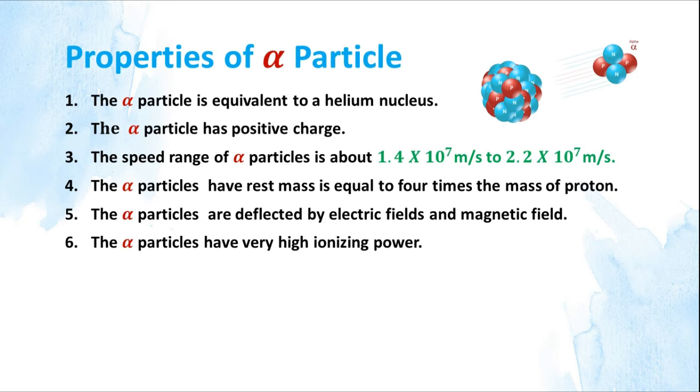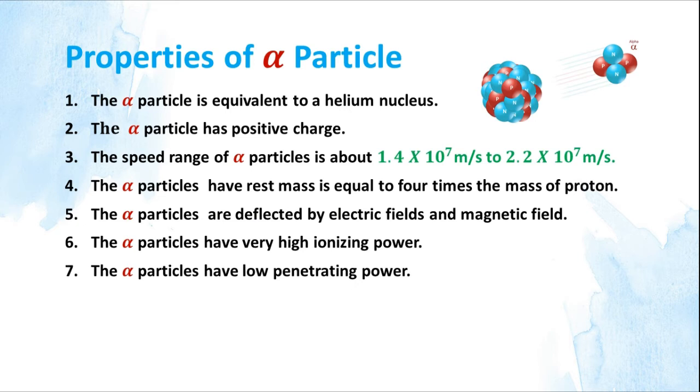The amount of energy required to remove the electron from an atom is called ionizing energy. Here ionizing power is very high as compared to the beta and gamma particle. So it has a high ionizing power.